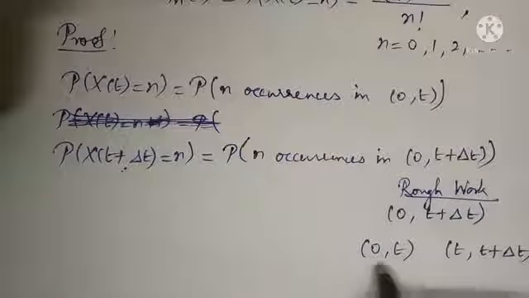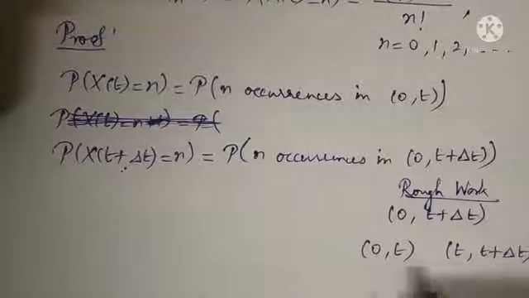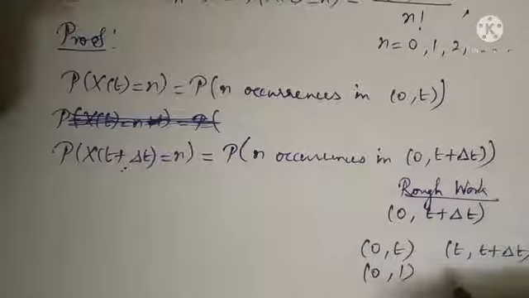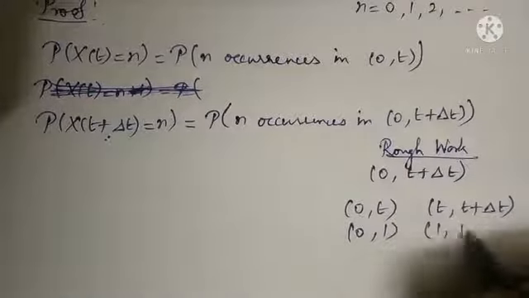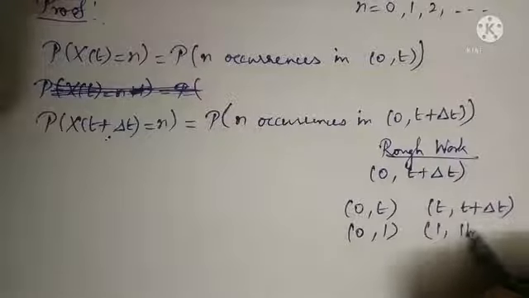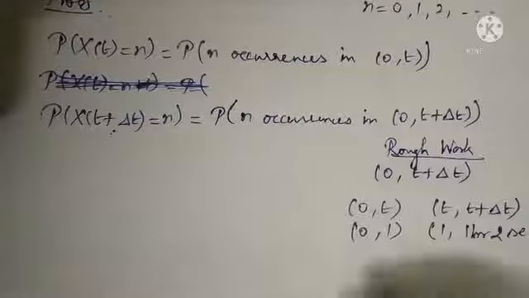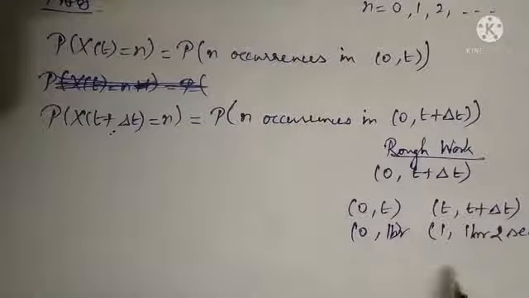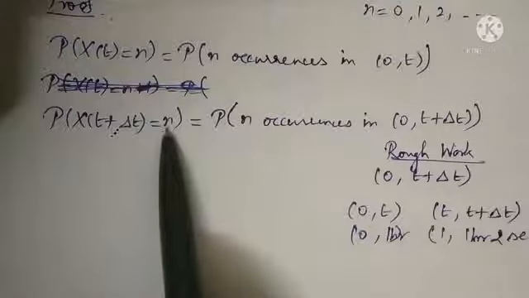For example, it may be 0 to 1 hour, and then 1 hour to 1 hour 2 seconds. So 2 seconds, and the first part denotes 1 hour, let us assume.